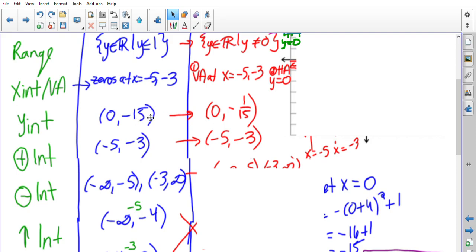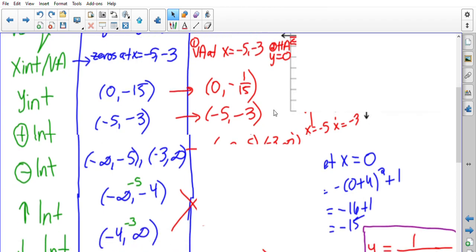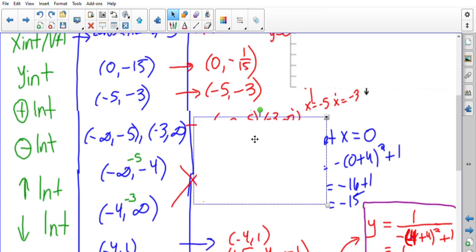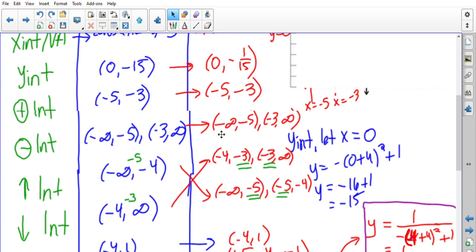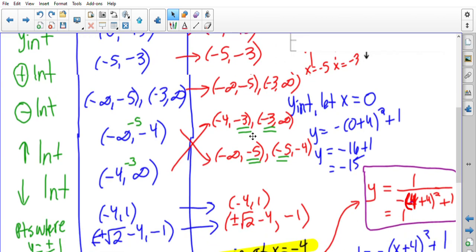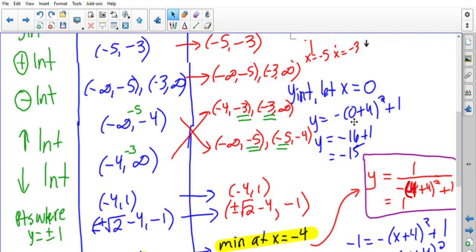We know the y-intercept is going to be the reciprocal of the original, so -1 over 15. Okay. And here we know that the positive and negative intervals should be the same. Now this part here, hopefully, okay, hopefully you can see here, remember, increasing and decreasing intervals have to swap. Okay, so if it was increasing on the original from -∞ to -4, this is where this green number comes into play.